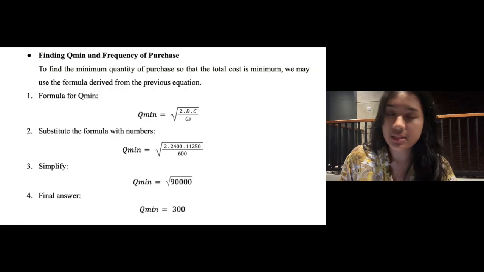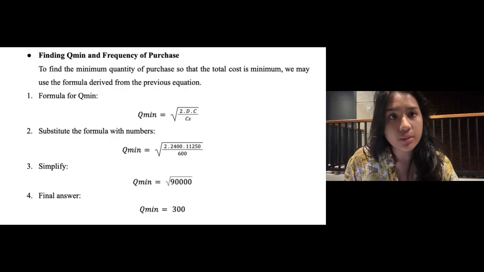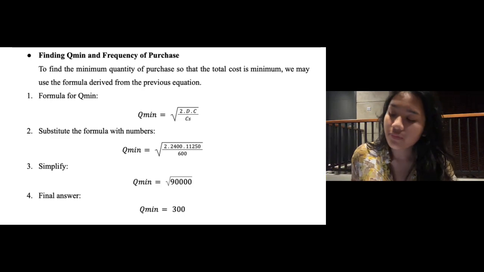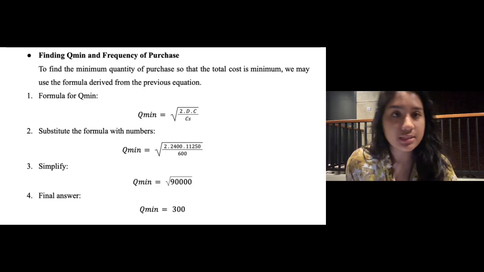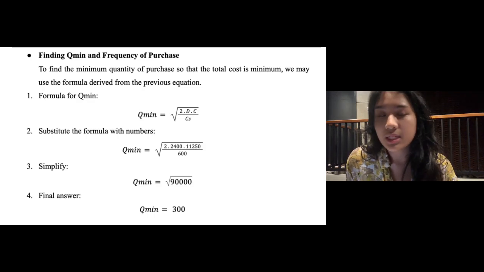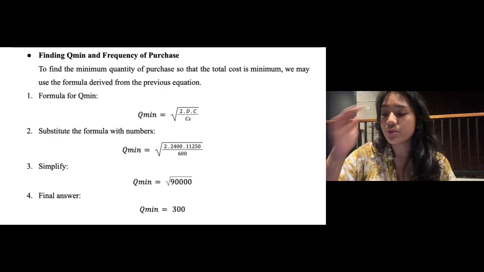So the third step is we have to count the minimum quantity of stocks and the frequency of the transactions. You do this by taking the square root of 2 times D, which is the demand, and CP, which is the cost per order, over CS, which is the storage cost.